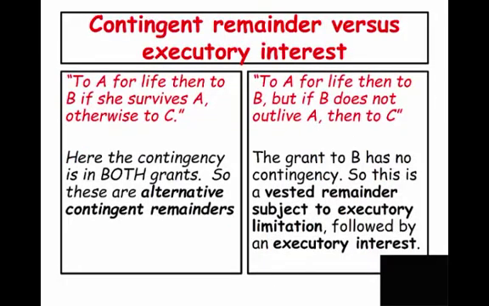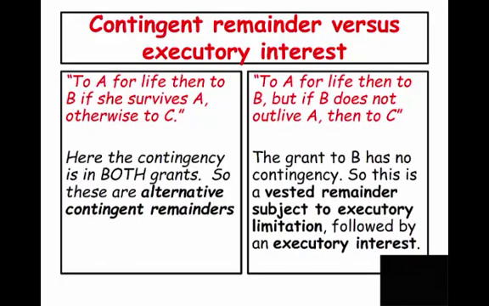So here is an explanation of the difference between a contingent remainder and an executory interest. To A for life, then to B if she survives A, otherwise to C. Here, both grants have a contingency. So these are alternative contingent remainders. At A's death, right, when the life estate to A ends, the contingency will be resolved one way or the other.